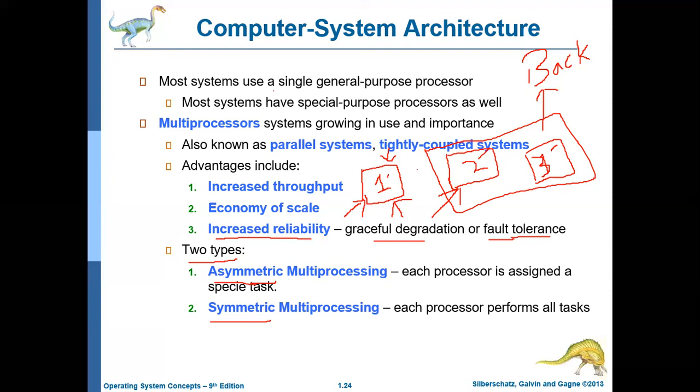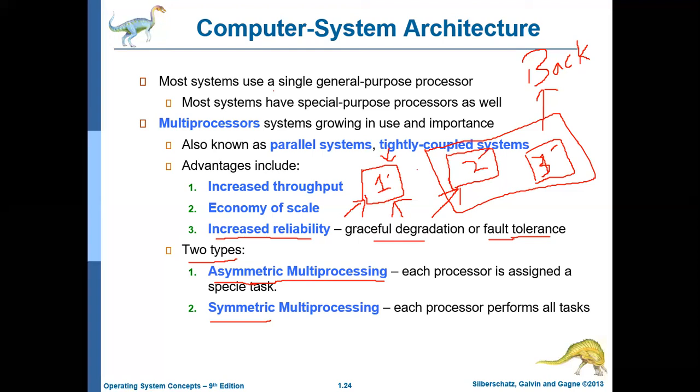This type of setup is called asymmetric multiprocessing. The boss processor decides what the other processors should do, and all other processors just perform the tasks assigned by it.